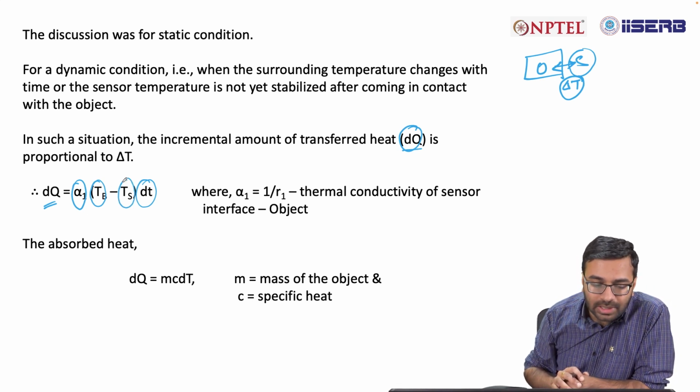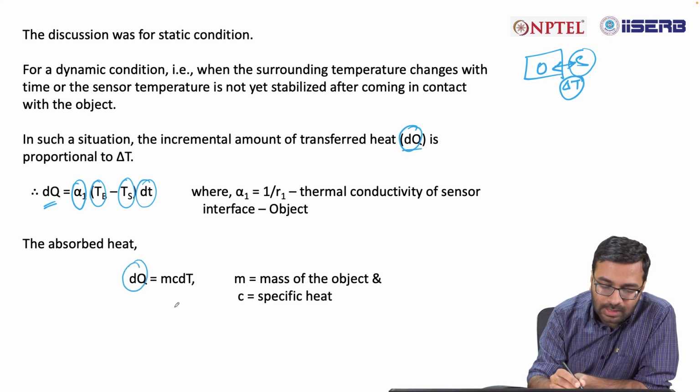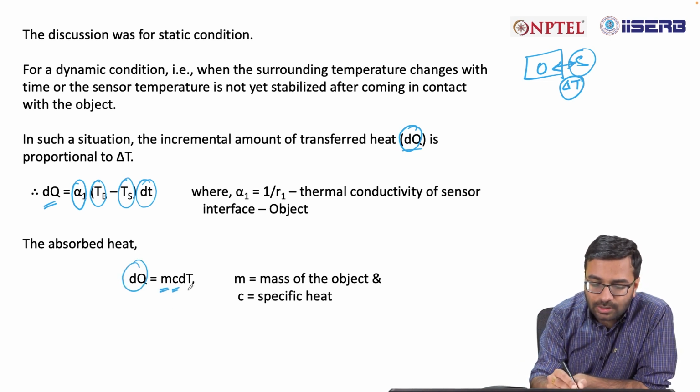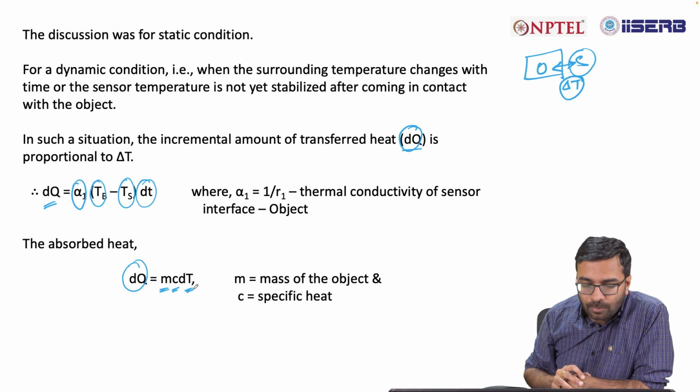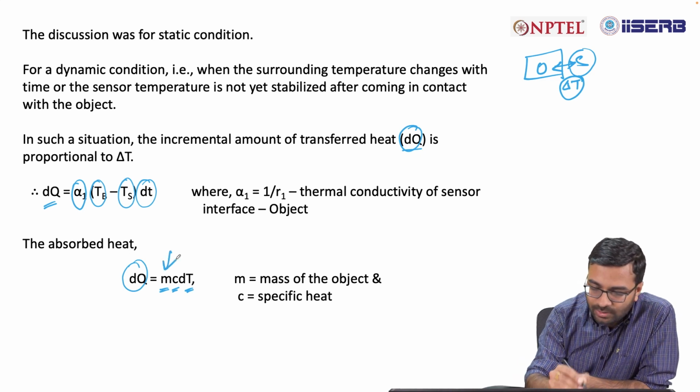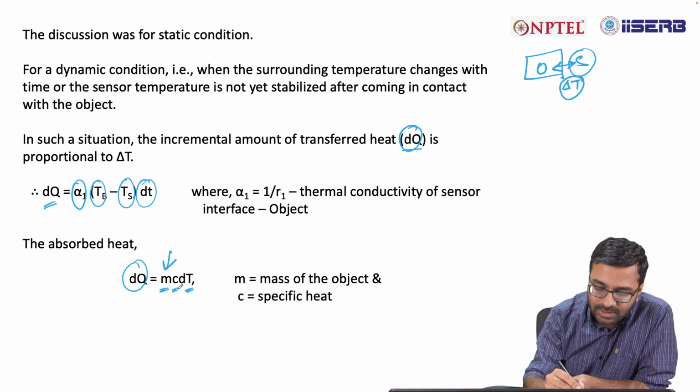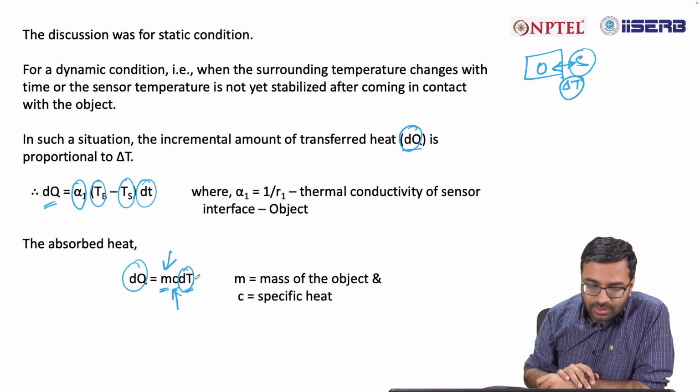And the absorbed heat dq can be given by m into c into dt. In this case, m is the mass of the object, c is specific heat, and dt is the change in temperature.